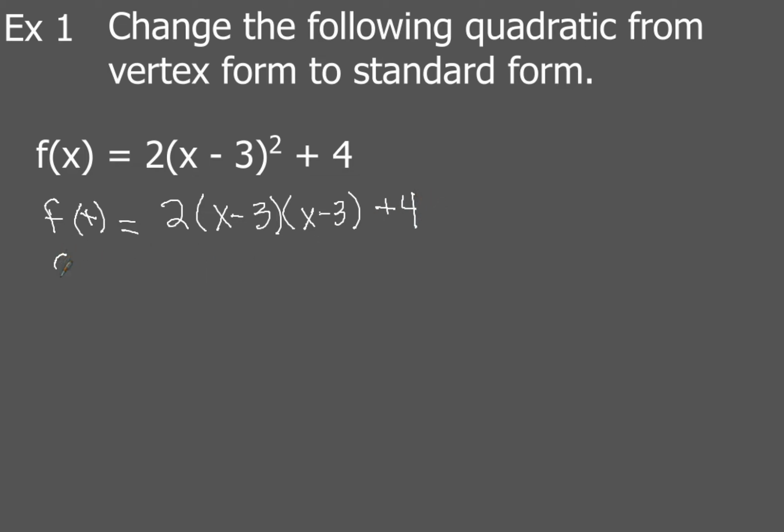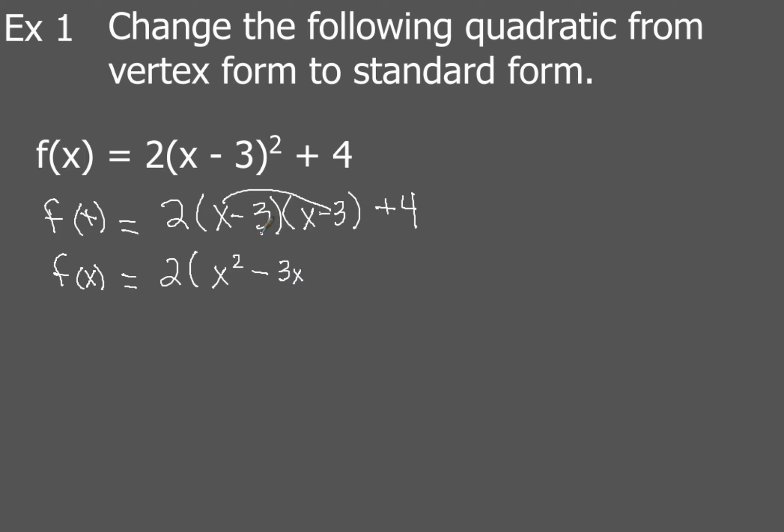Make sure you add that. The next thing that we're going to do, we're going to leave the 2 out there by itself. And we're going to take the x minus 3 and x minus 3, and we're going to distribute those 2 terms. Now x times x is going to give me x squared. x times minus 3 gives me minus 3x.